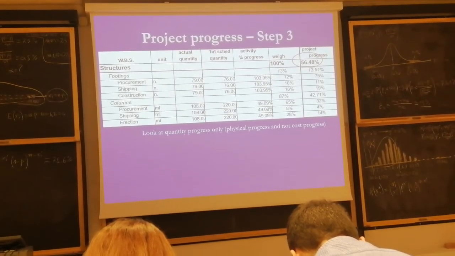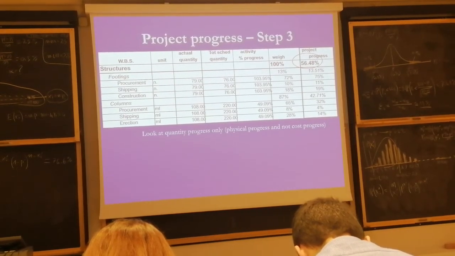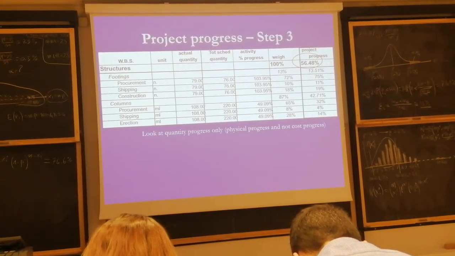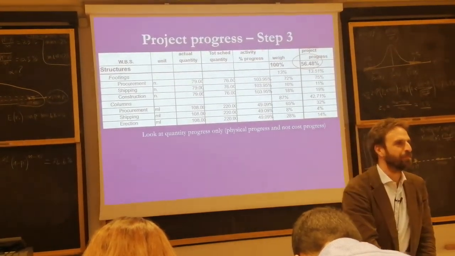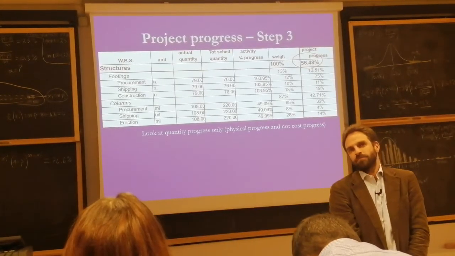And now we have done 79, and it's finished. But 79 out of 76, what happened? Can we do more than budgeted? We did 104%. Why?